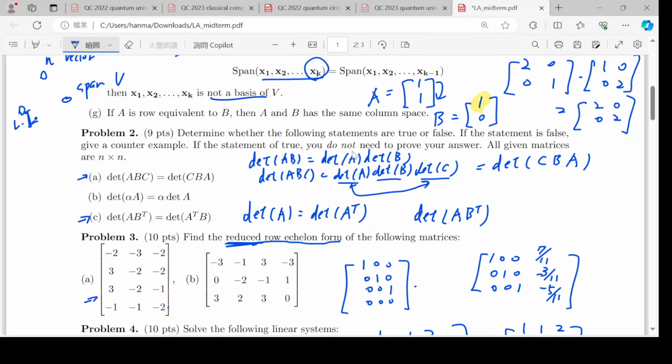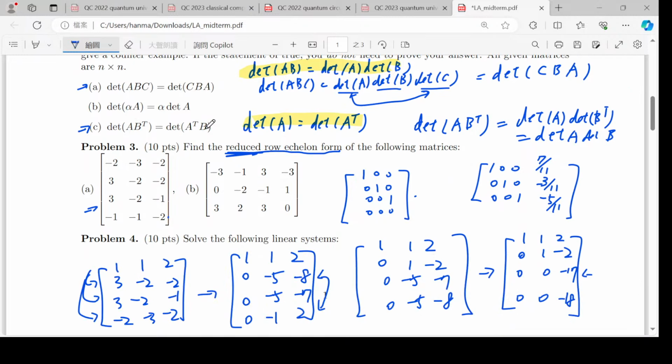So det((AB) transpose): use the first thing we have up here, this is equal to det(A) det(B transpose), and as we said, the determinant of something transpose is just the determinant of that thing, so it's equal to det(A) det(B). And that's equal to det(A transpose B). So A and C just use these 2 relationships, and you can prove that A and C are true.